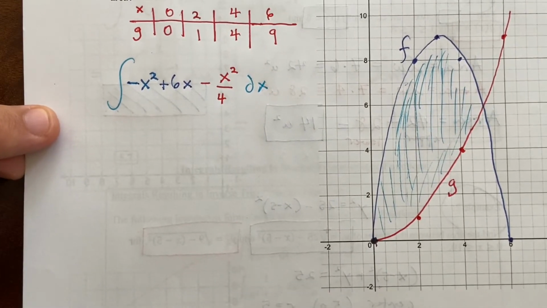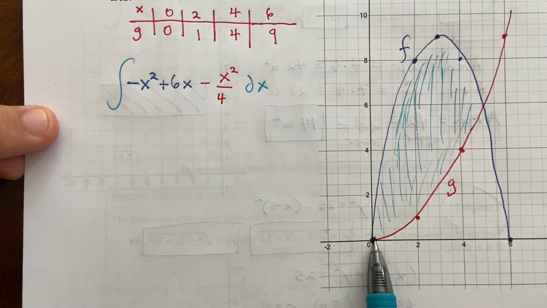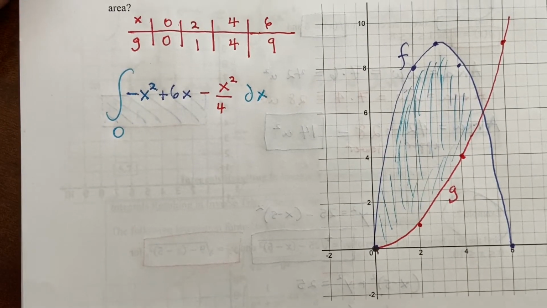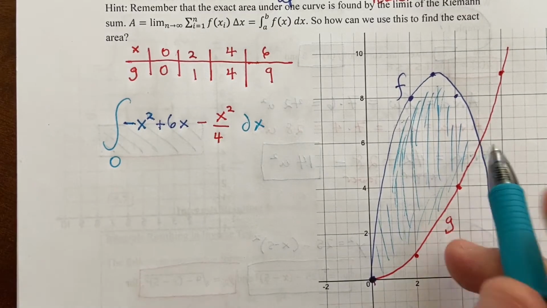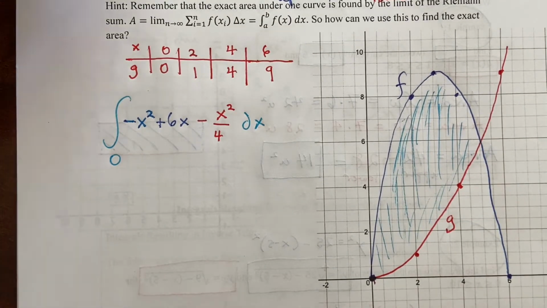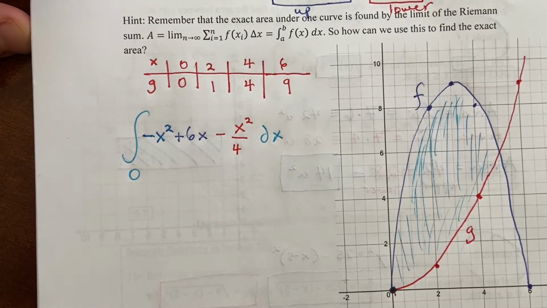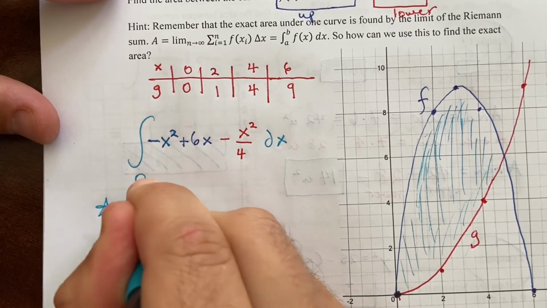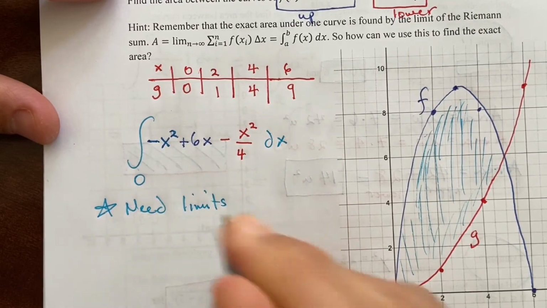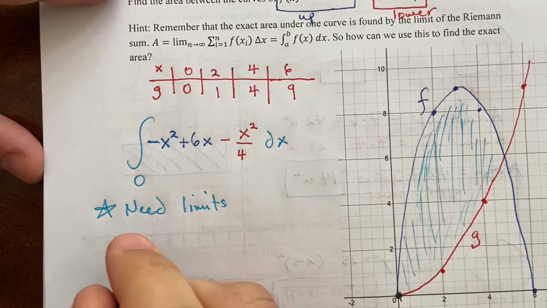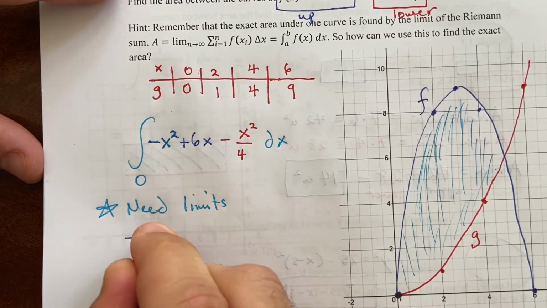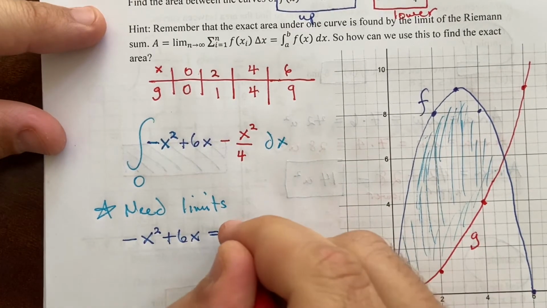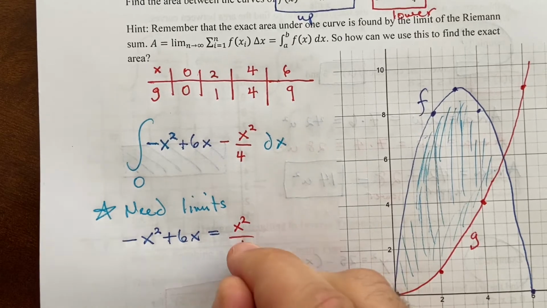So for sure I can see that the functions are equivalent right here, so that means my lower limit would be 0. To find my upper limit, I'll set the functions equal to each other and solve. So I'll make a little note here. Need limits. So we need to solve negative x squared plus 6x equal to x squared over 4.